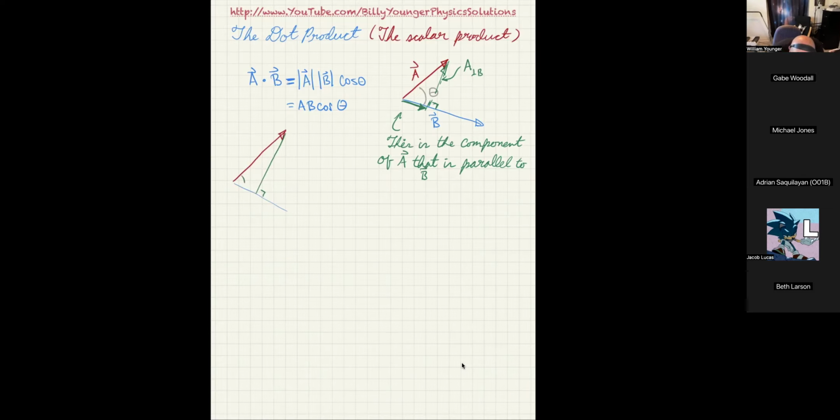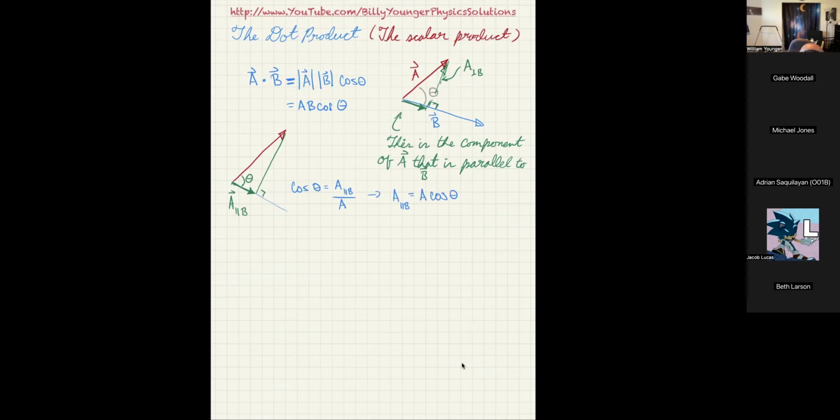This is the angle theta, and this is the component of A parallel to B. Now, what you can see from this triangle is cosine theta is equal to adjacent over hypotenuse. So that's A parallel to B divided by the hypotenuse, which is just plain A. So A parallel to B is actually equal to A cosine theta.